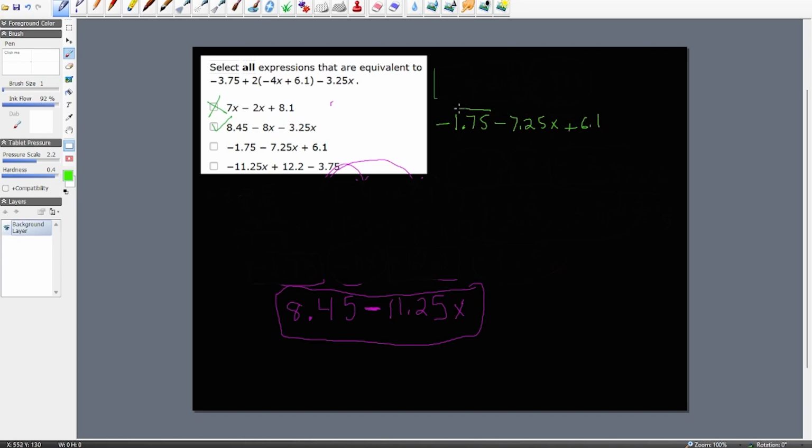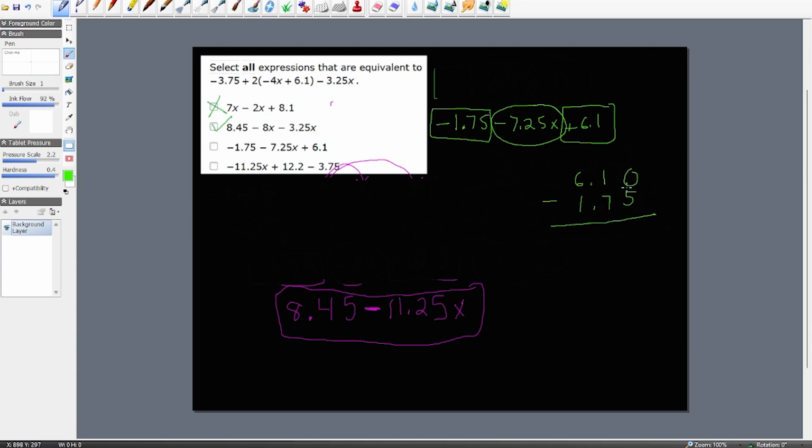I'll put squares around my constants, including the sign to the left, and circles around my x terms. So we have two constants, a negative 1.75 and a positive 6.1. They're different signs, so you're going to subtract. Notice I aligned the decimals.